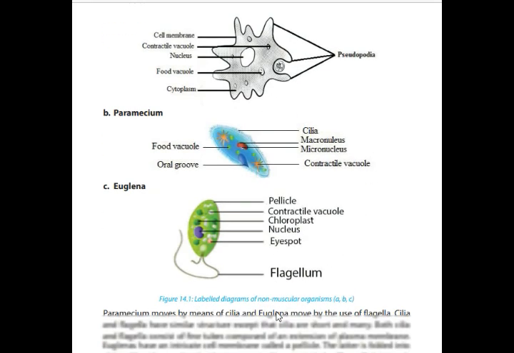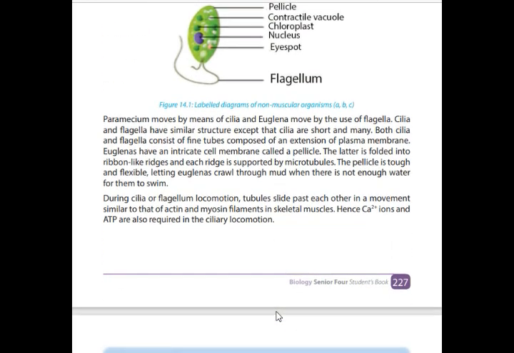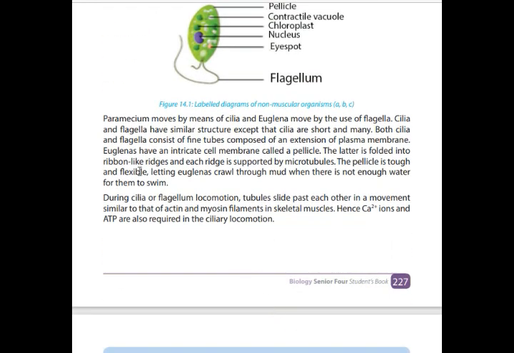We are only looking at the flagellum, the cilia, and the pseudopodia, because we are talking about their mode of locomotion. Now we see paramecium moves by means of cilia, and euglena moves by use of flagella.